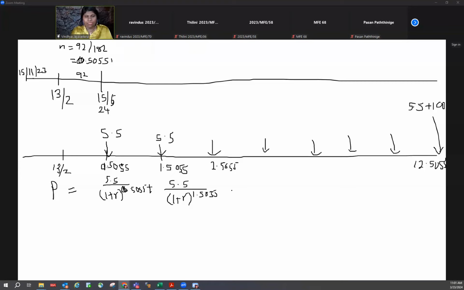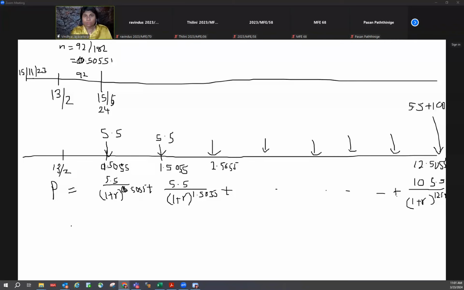And like this, I will keep on discounting all my cash flows, and the last cash flow, that's 105.5, will be discounted over 12.5055 periods. Right. That's the price.